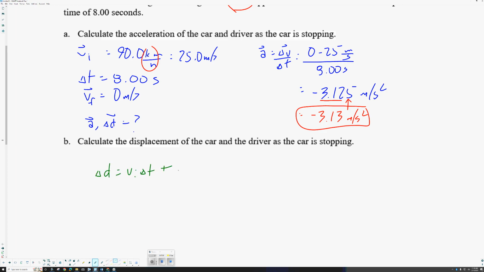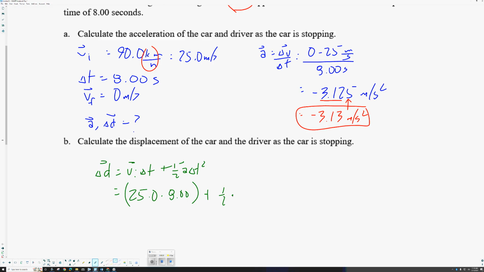D is equal to VIT plus 1/2 AT squared. D is equal to VI, which is 25.0, times T, which is 8, in brackets, plus 1/2 of A, which we just solved for, 3.13? No, it's not 3.13.